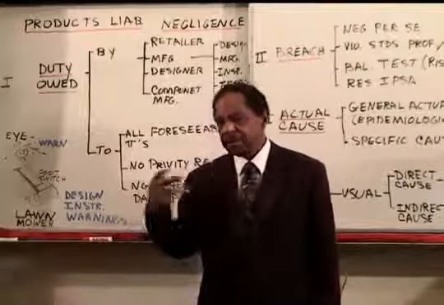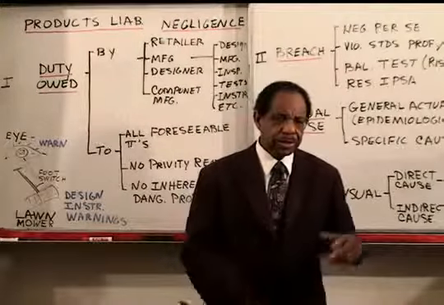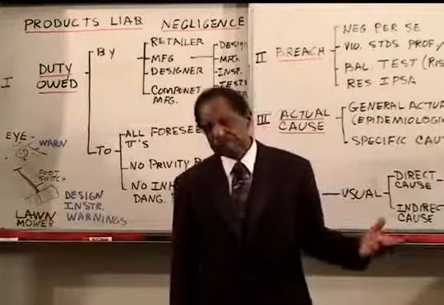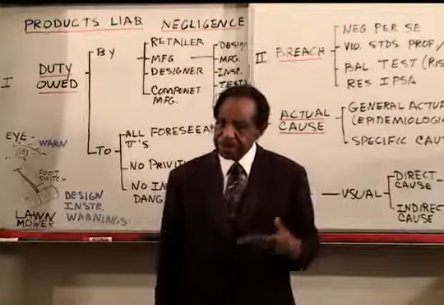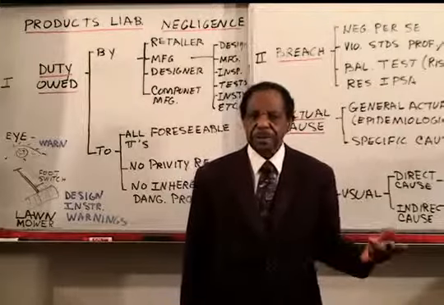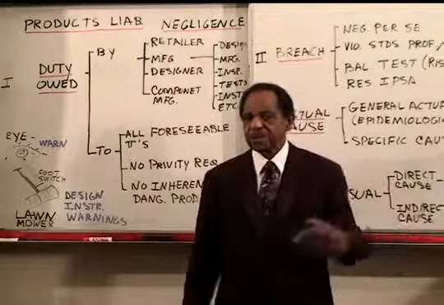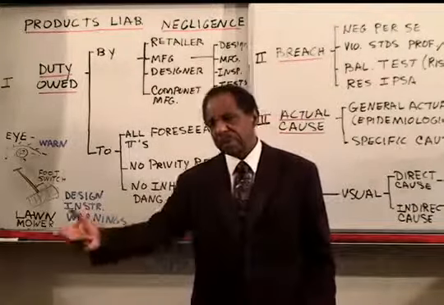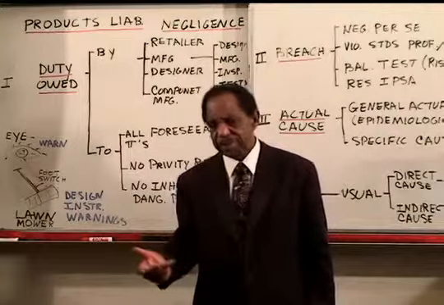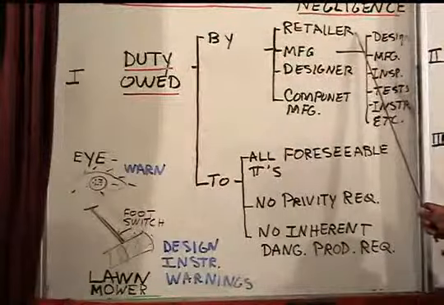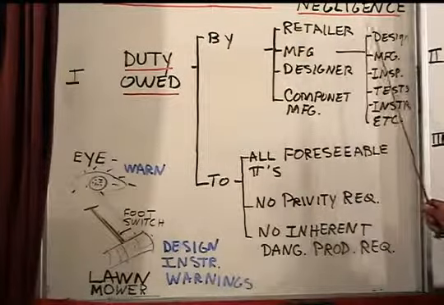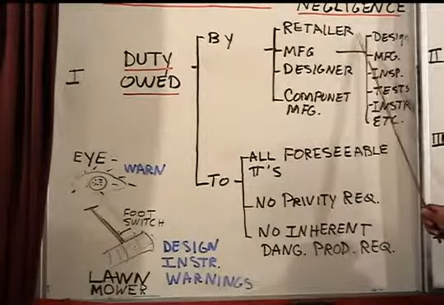And if the retailer is using a shoddy supplier, and they know this is a shoddy supplier because other customers have complained, then the retailer may be acting negligently to continue to use this supplier when they know that people are complaining about the product being dangerous. So that's one way that the retailer can be negligent, is by using a shoddy supplier.